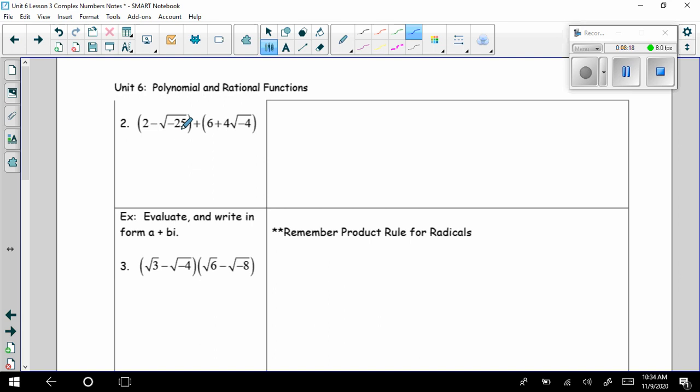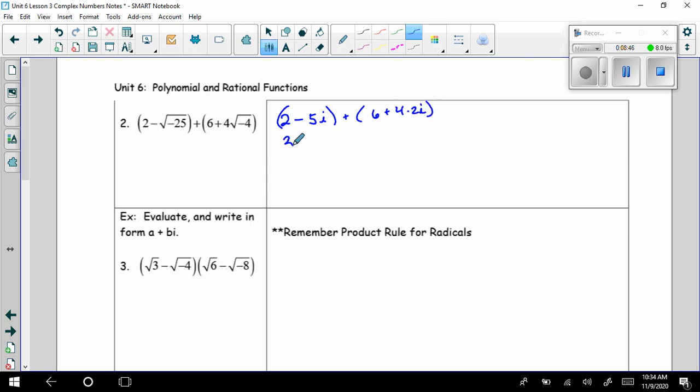When you are dealing with square roots with negatives in them, because of how square roots work, make sure that you simplify this first. So 2 minus 5i. Even if I don't have a perfect square, I need to bring that i out before I do anything else. Plus 6 plus, and this is 4 times 2i, right?